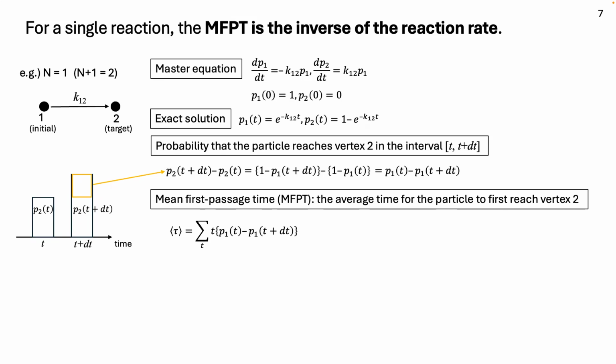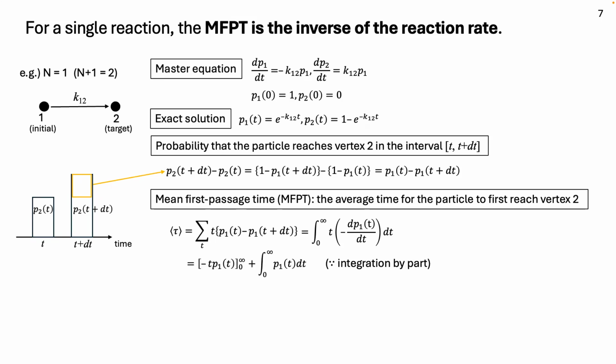And then the mean first passage time is the summation of t times this probability. And if dt is sufficiently small, the difference becomes a derivative, and the summation becomes an integration.